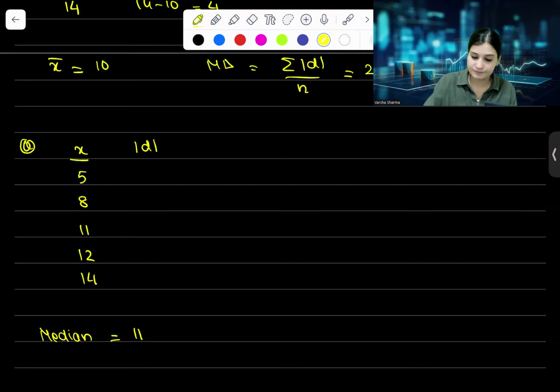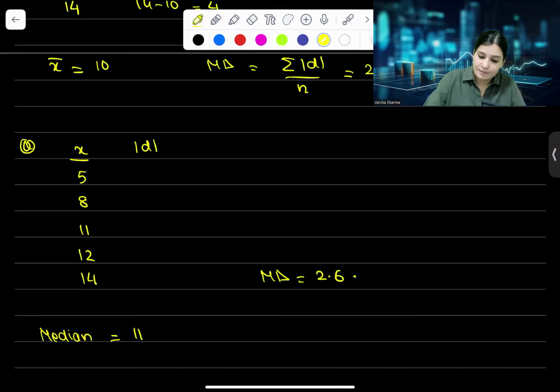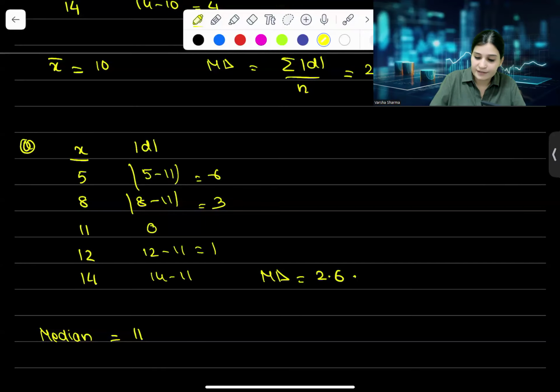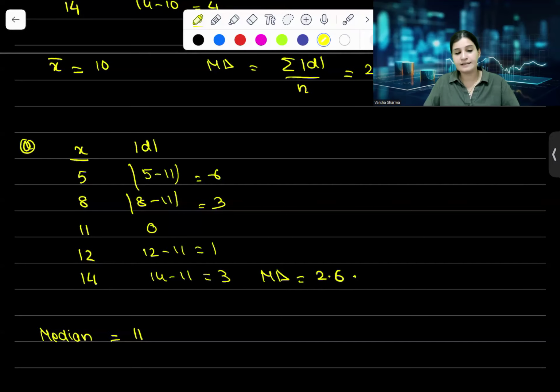Answer: 2.6. So mean deviation is 2.6. Basically 5 minus 11, 8 minus 11, this is 0, 12 minus 11, 14 minus 11, and then the mean of this. Did you all understand this?